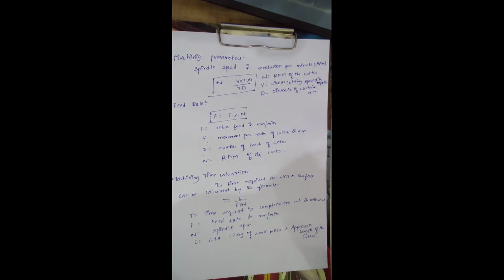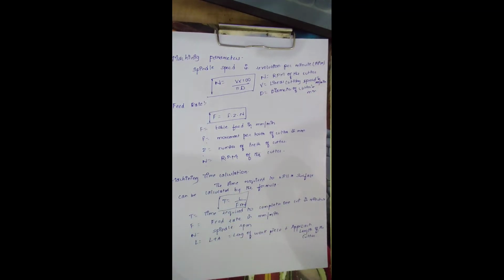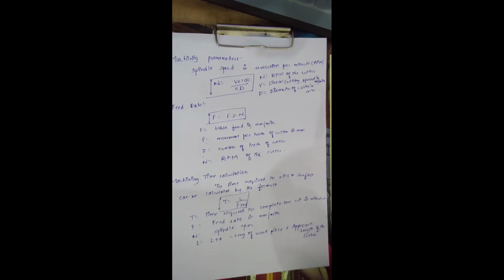The next topic is machining time calculation. The time required to mill a surface can be calculated by the formula T is equal to L by F into N, where T is the time required to complete one cut in minutes, F is the feed rate in mm per minute, and N is the spindle speed in RPM.